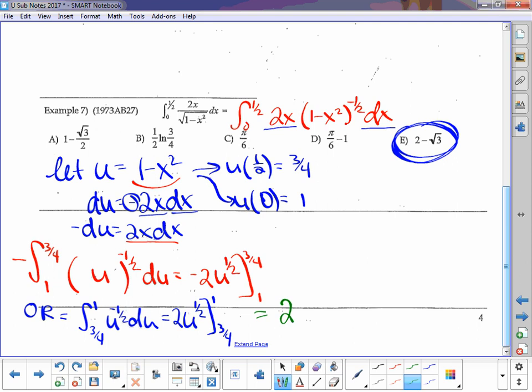So 2 times the square root of 1 is just 1. Minus 2 times the square root of 3/4. What is the square root of 3? Square root of 3. What's the square root of 4? That's 2. So you simplify that.